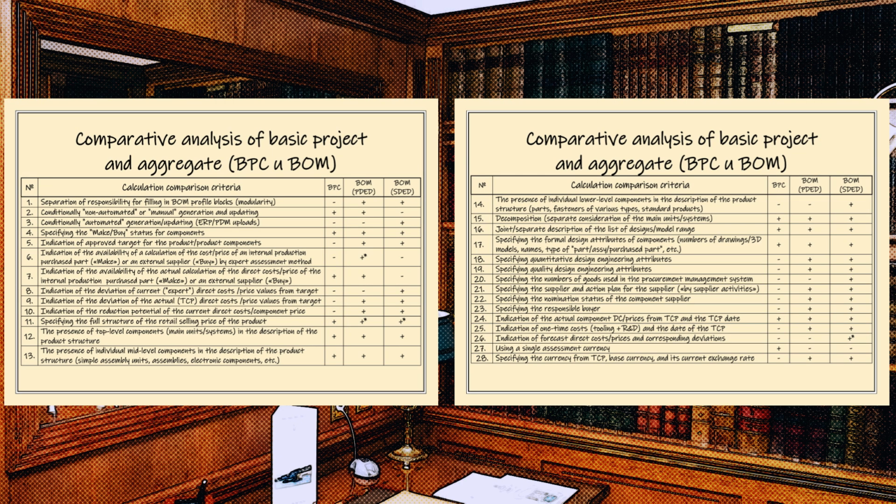In general, the listener just needs to remember that in classical cost engineering, the BOM is conditionally monopolized, while within the framework of the design-to-cost concept it's divided into blocks, the responsibility for filling which is borne by a specialized specialist.